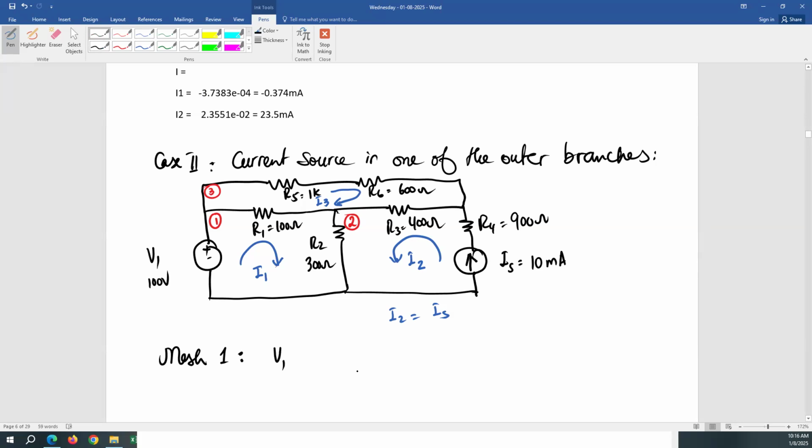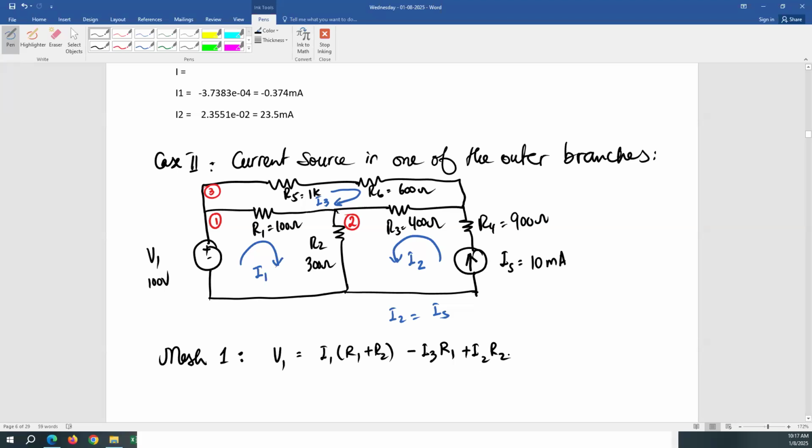V1 equals, minus I3 R1 because I1 and I3 are in the opposite direction, and plus I2 R2 because I2 is in the same direction as I1. And we already know what I2 is, so this is known now.